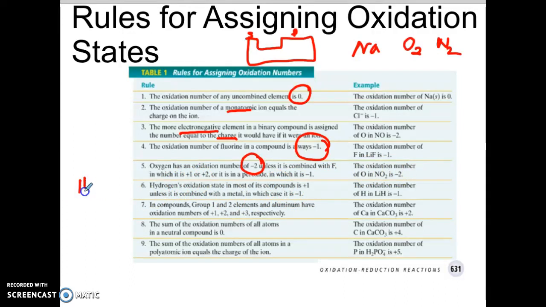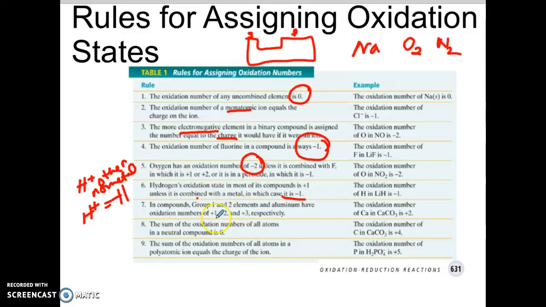Hydrogen will always have an oxidation number of +1 when combined with other nonmetals. If it's combined with a metal, then it's -1, but most of the time hydrogen is +1.